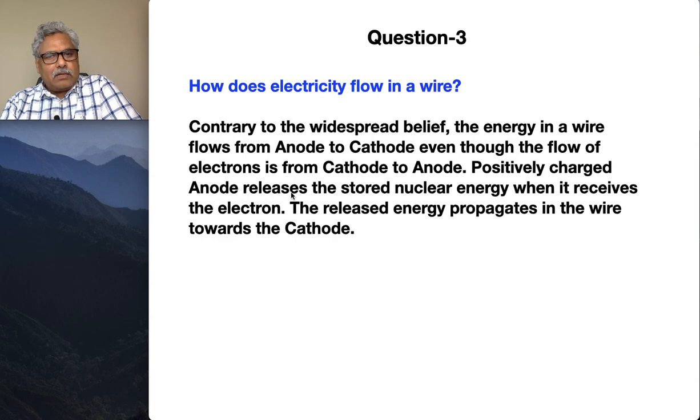Positively charged anode releases the stored energy, nuclear energy, when it receives the electron. The released energy propagates in the wire towards the cathode.